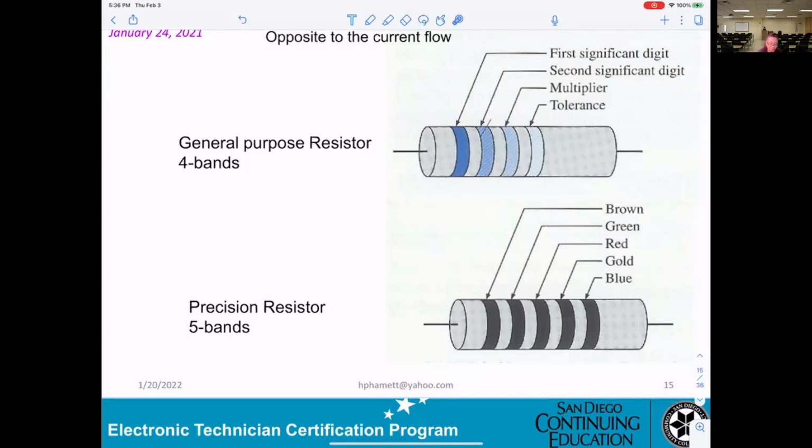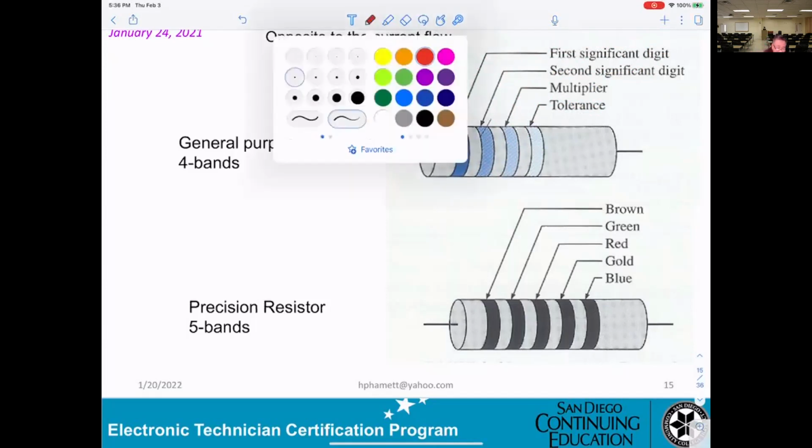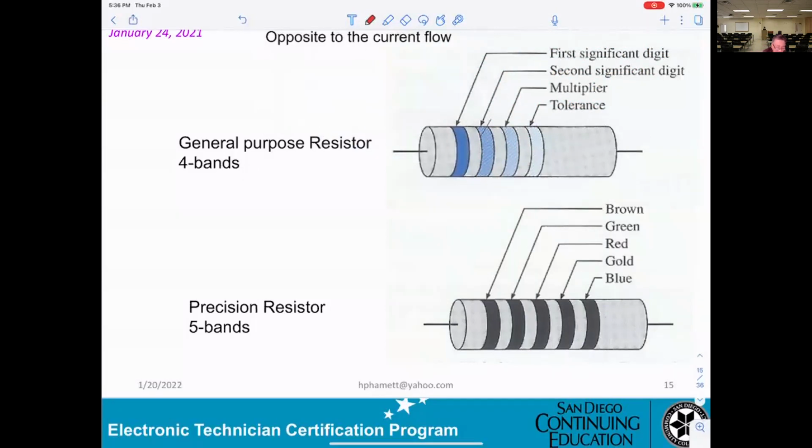Now, I will talk about tolerance. If you have a resistor equal to 100 ohm, to get a value, you can use the color code, but the technician will use a meter, a DMM, digital multimeter, to measure the value.